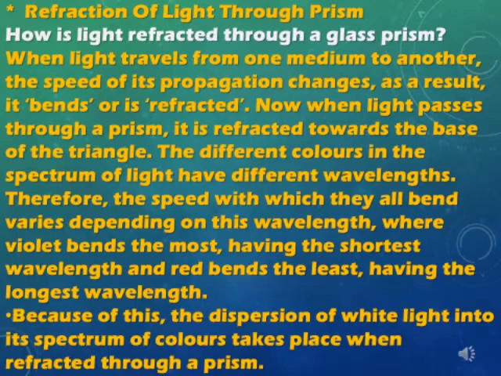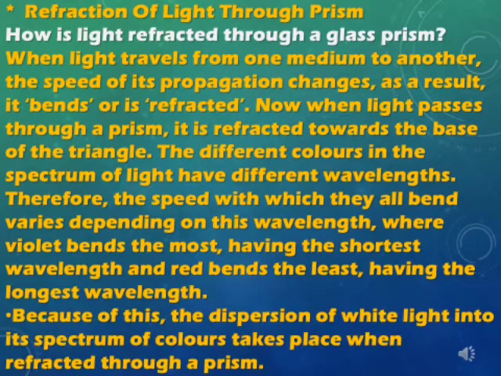The different colors in the spectrum of light have different wavelengths. Therefore, the speed with which they bend varies depending on the wavelength, where violet bends the most, having the shortest wavelength, and red bends the least, having the longest wavelength.